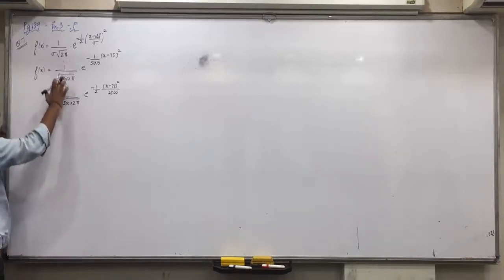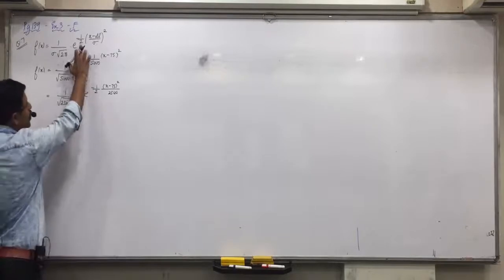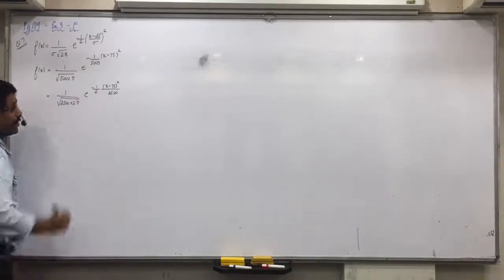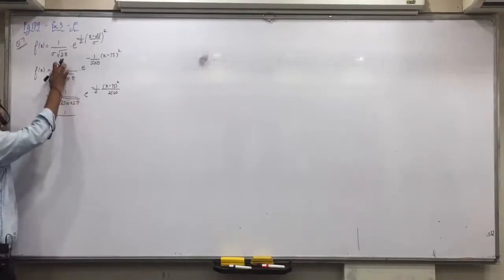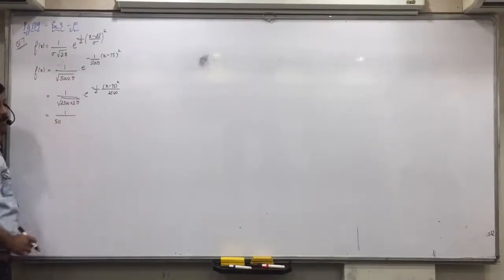First we need 2. So instead of 5000 I have written 2500 into 2. Here also we need 2. So instead of 5000 I have written 2 into 2500. Now only 2 pi will remain in the square root. If we take 2500 outside, what is the square root of 2500? 50.